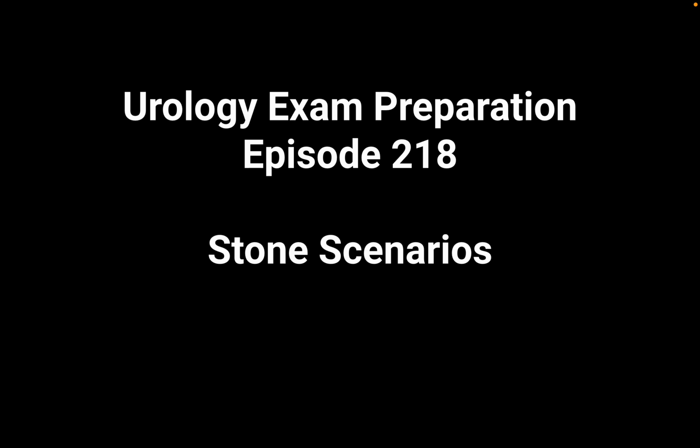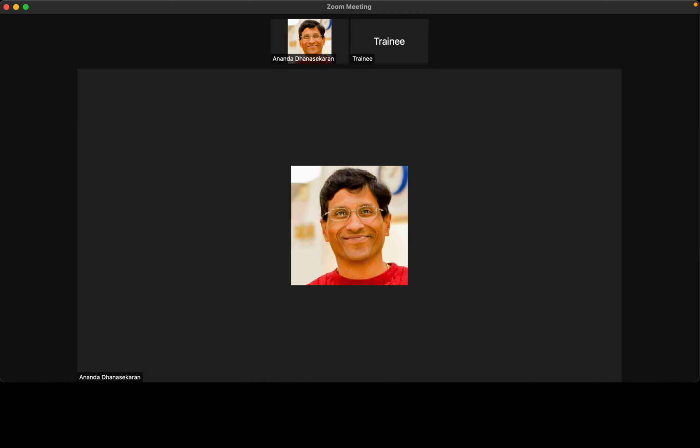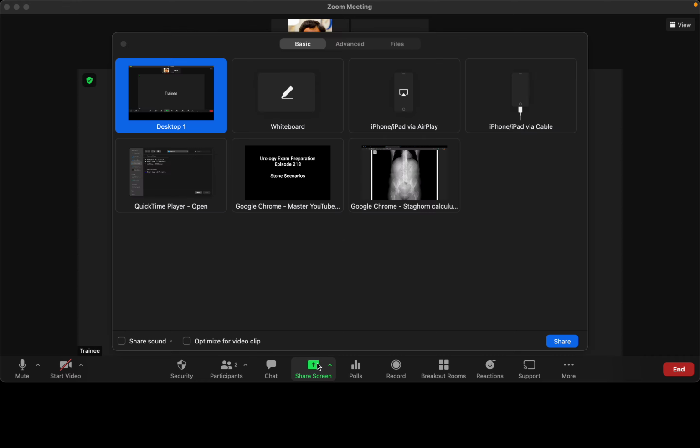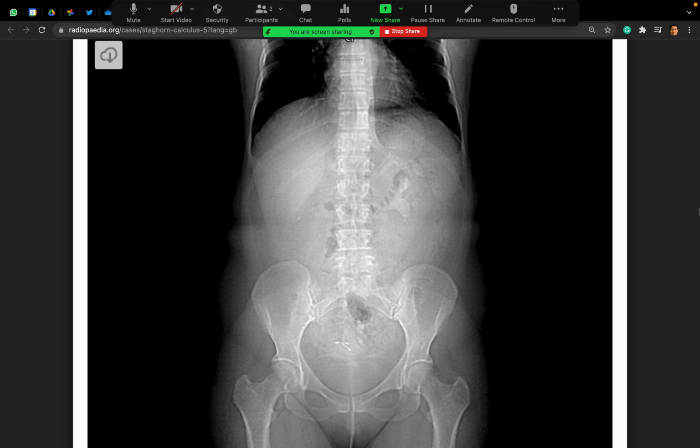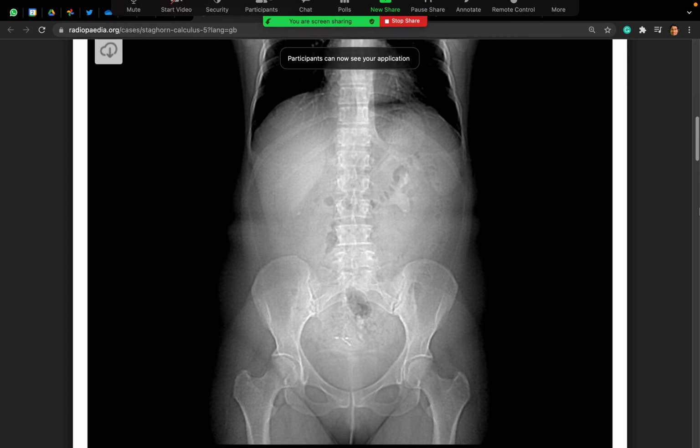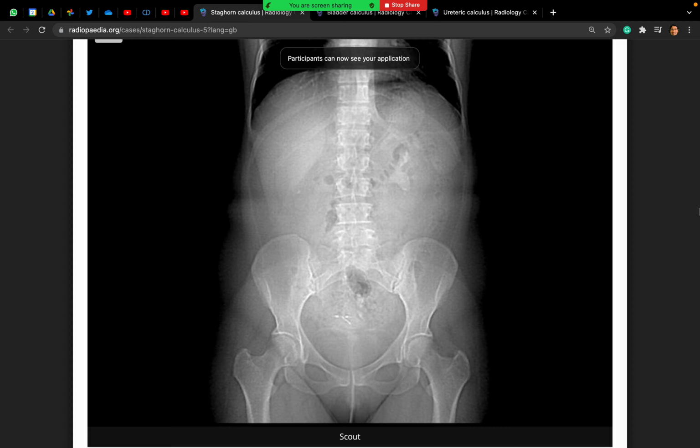Okay, by what criteria will you decide which patient needs low dose and which patient needs standard dose? So for a low dose CT, if the patient is very young, if they're a recurrent stone former, or if I'm anticipating that this patient will require lots of CT in the future, then a low dose CT may be a place to start from.